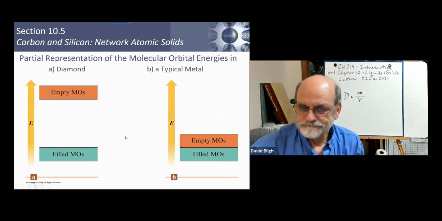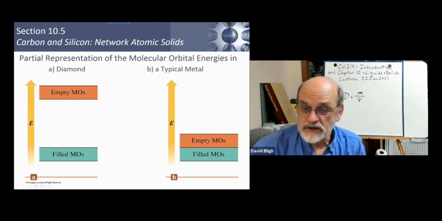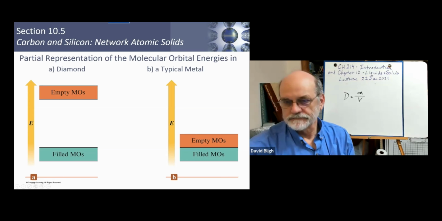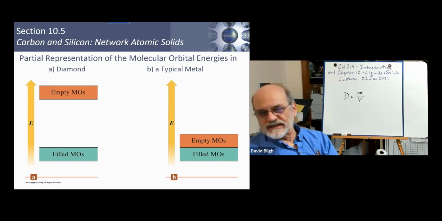Okay, so here's why diamond is a very good insulator, and why metals are not good insulators. The filled molecular orbitals in a metal are very close in energy to the empty molecular orbitals. So promoting electrons into these empty molecular orbitals is very low energy, so you can move electrons very easily.